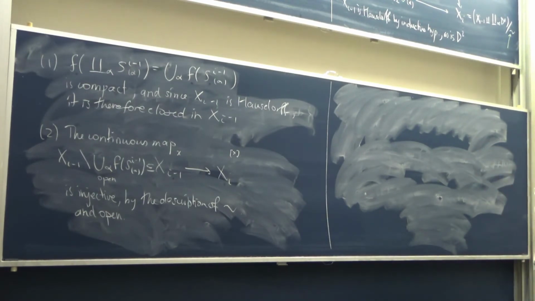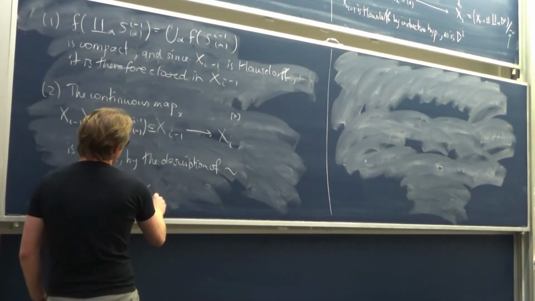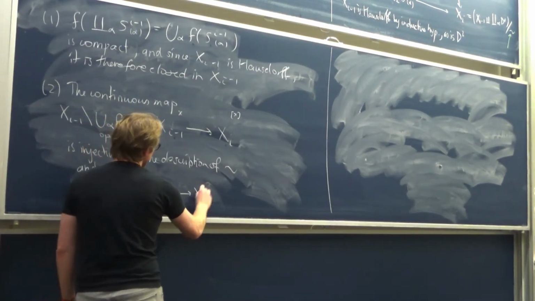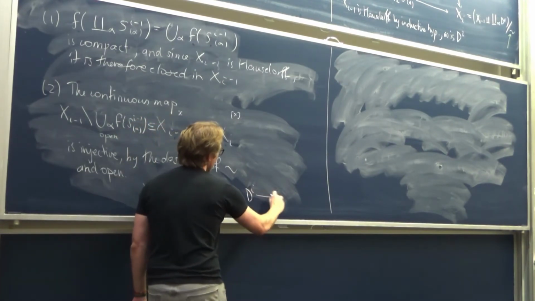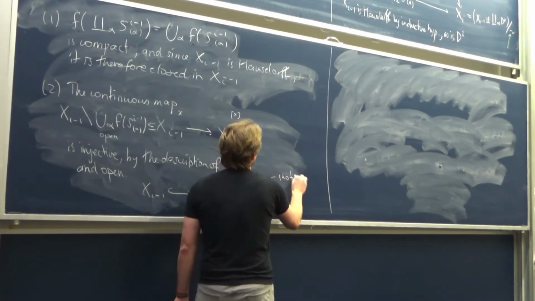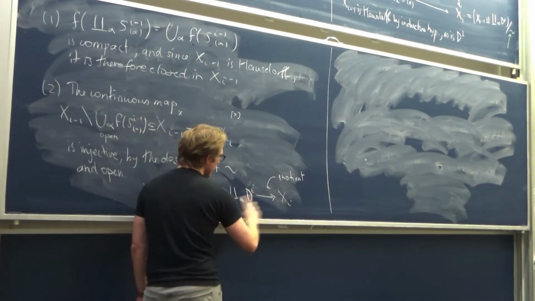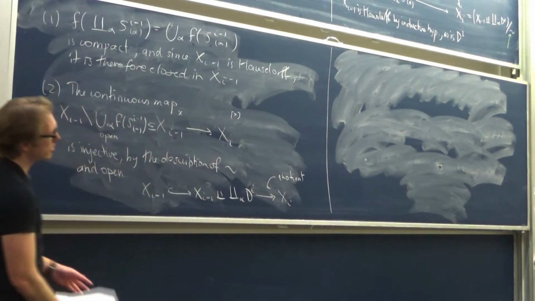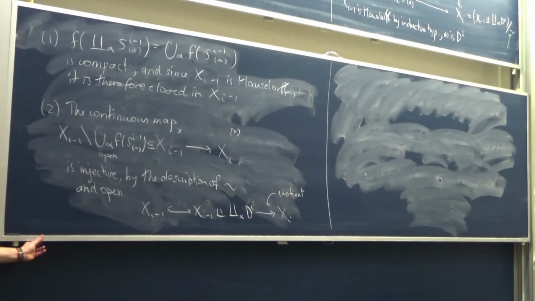Well, strictly speaking, it's sitting X_{i-1}. There's no harm in me just writing it out explicitly. So X_{i-1} sits inside the disjoint union, and then there's the quotient map. Think of this as just an inclusion, and then that sends an element to its equivalence class under tilde.